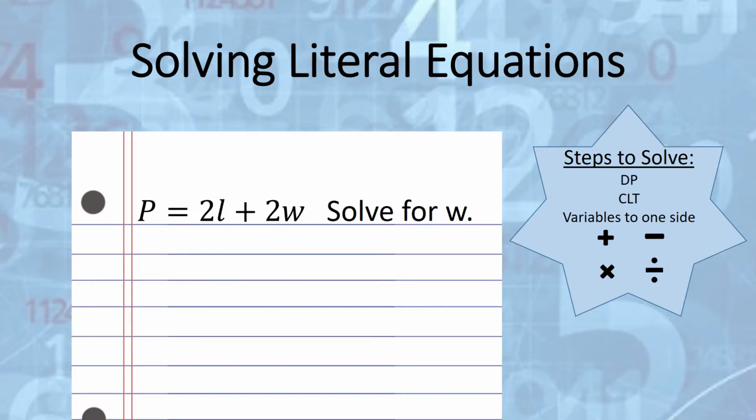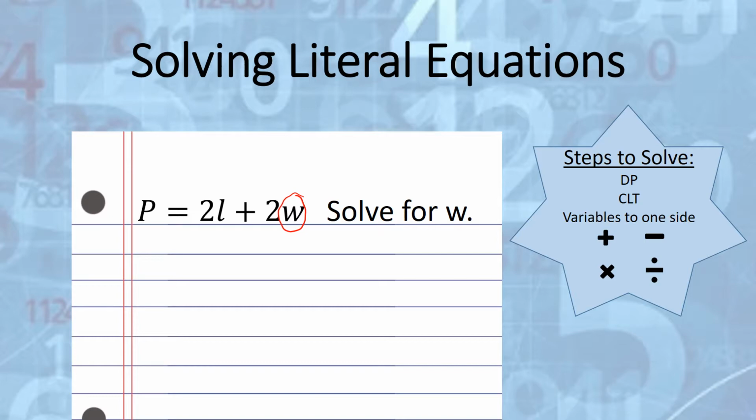Here is another equation that you may be familiar with. It is finding the perimeter of a quadrilateral. Here we have P equals 2L plus 2W, and they want us to solve for W. So I'll begin by circling the W. Do I have any distributive property in this problem? Nope. Are all my terms already combined, my like terms?